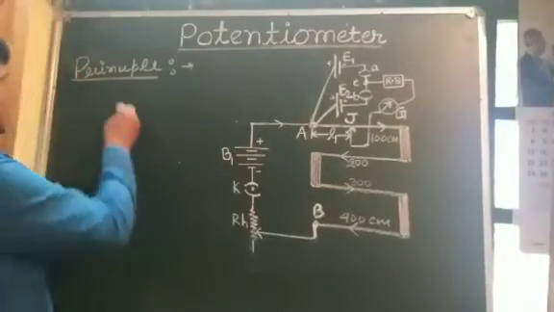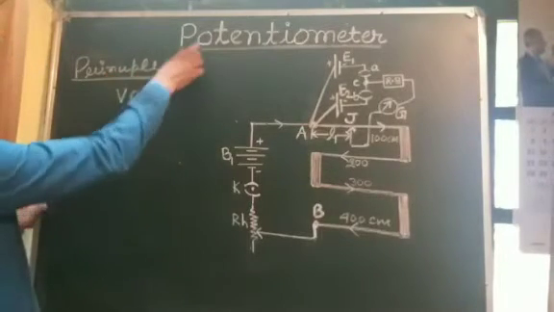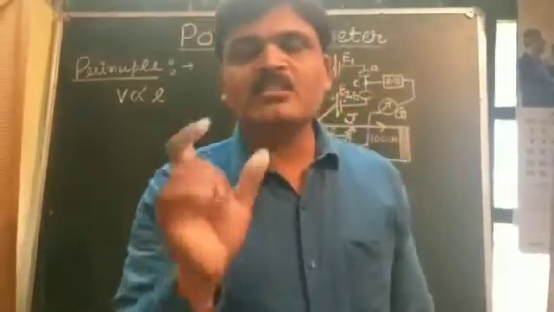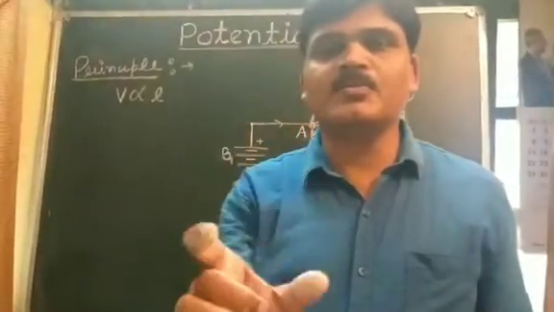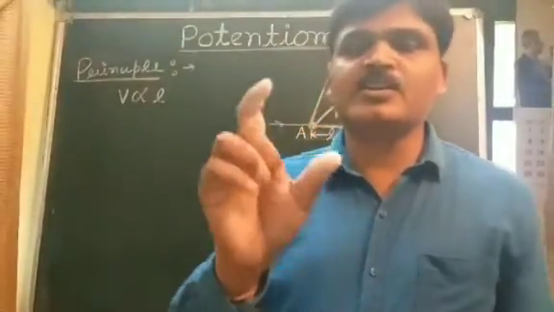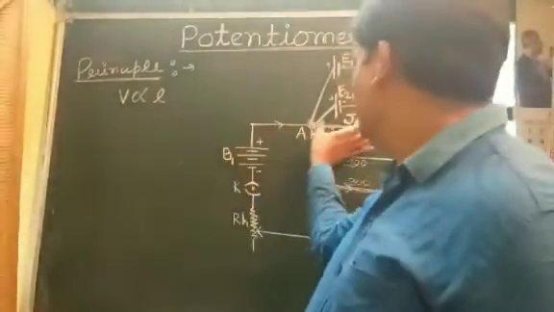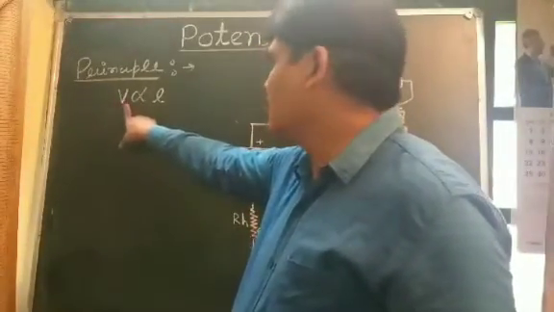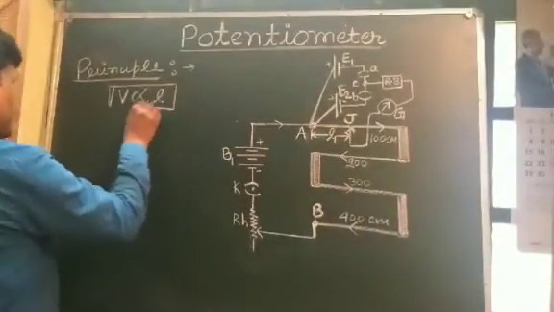It means V is directly proportional to L. Once again, when a constant current flows through a wire of uniform cross-sectional area and composition, the potential drop across any length of the wire is directly proportional to that length, and this is the principle of the potentiometer.